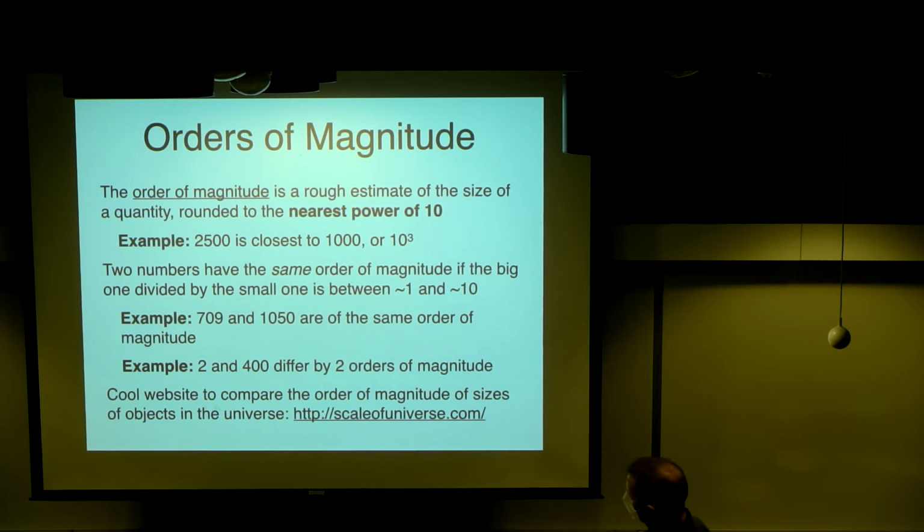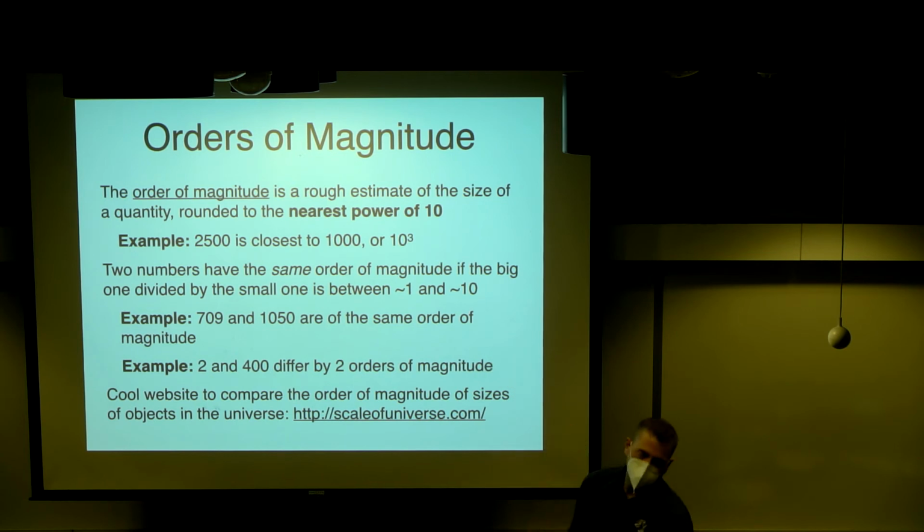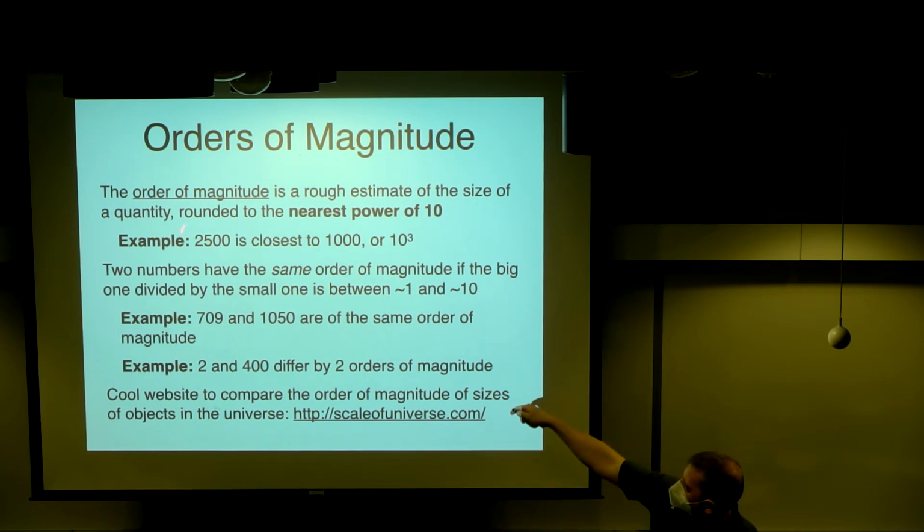We don't care exactly what the number is, we just want to know how big it is to the nearest power of 10. Okay? So as an example, if we have the number 2,500, and I only care about its order of magnitude, it's closest to 1,000. That's the nearest power of 10. It's closer to 1,000 than 10,000, right? So we'd say 10 to the 3. That would be our power of 10 that this is closest to.